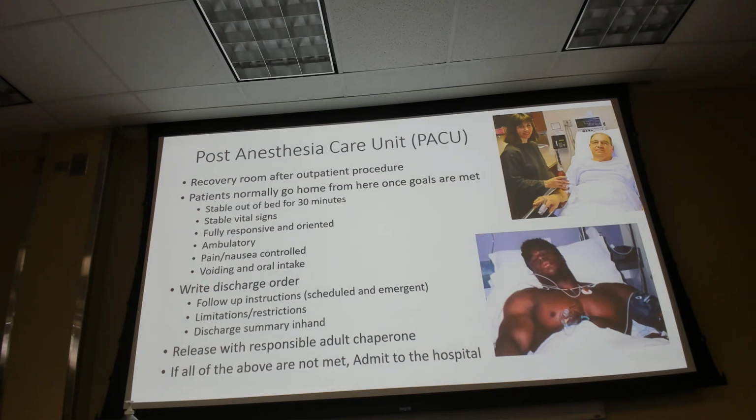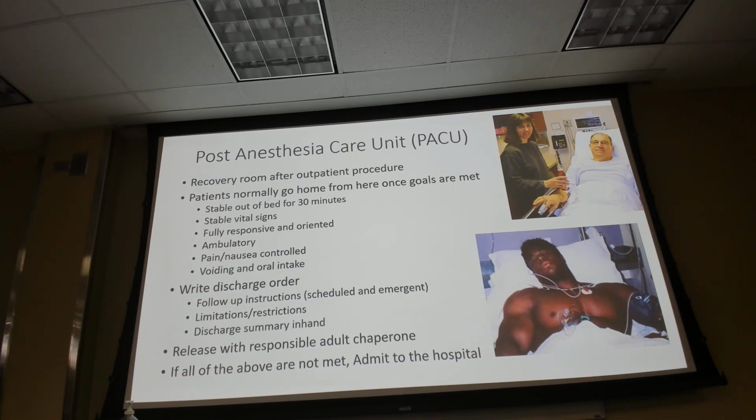The recovery room is what we call the PACU, the post-anesthesia care unit. Once we meet all these goals, typically they can go home. They're stable, ambulatory, fully responsive, alert and oriented. A lot of times we'll have to provide them with some sort of oral intake and make sure they can maintain their secretions, they can eat, drink, and hopefully void.